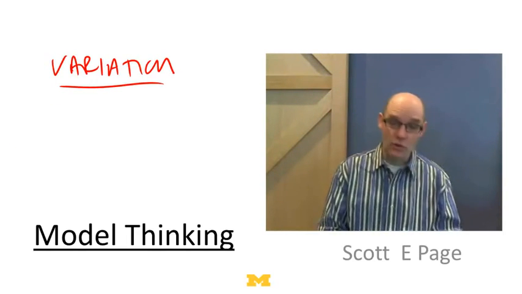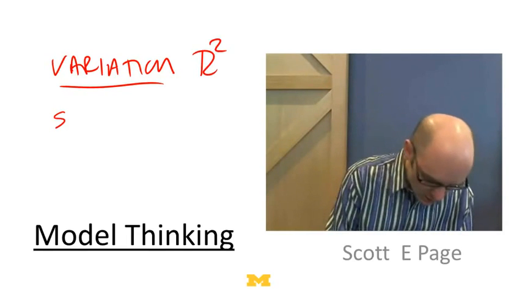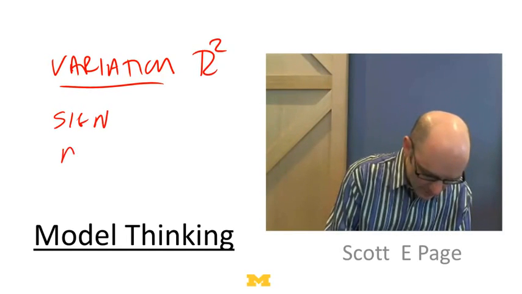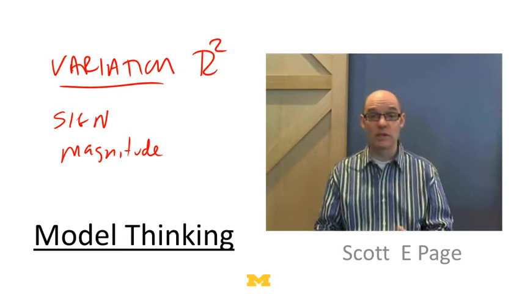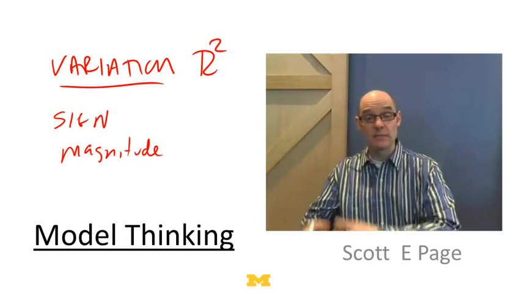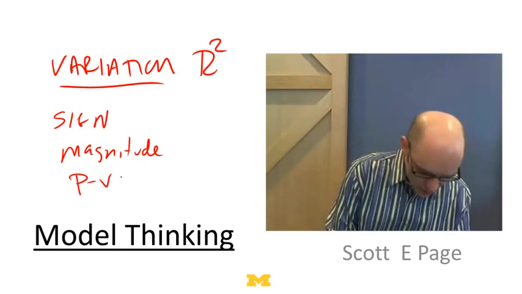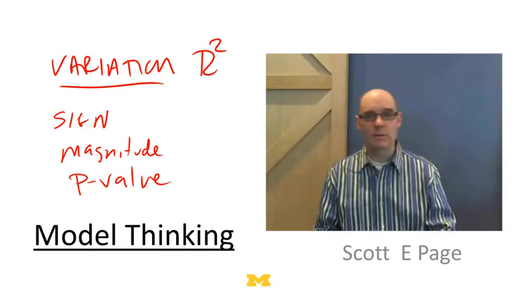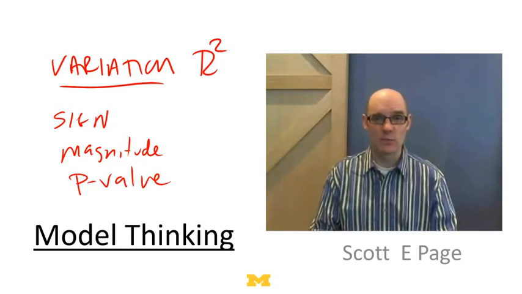That's a measure of how good the model is, and that's captured by R squared. Then it tells us what the sign and the magnitude of those coefficients are. So is the sign positive, and what's the magnitude of that coefficient? And then we also get that p-value, which tells us the probability that the coefficient's actually wrong, that maybe the data is so noisy we can't say for sure.